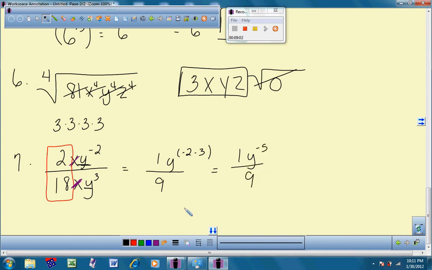But don't forget what you need to do with those negative exponents. We need to do the reciprocal, or in this case, simply take y and place it in the denominator with the exponent of 5. So you would have 1 over 9y to the 5th as your final answer.